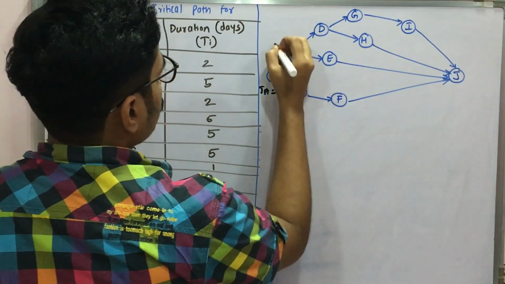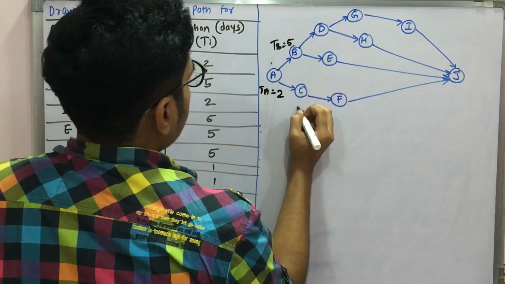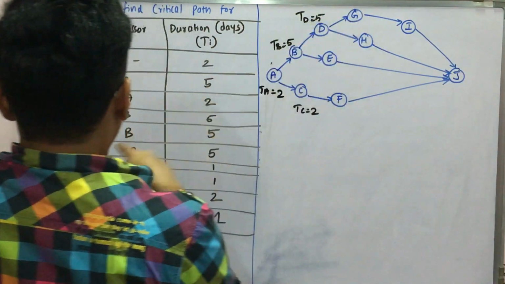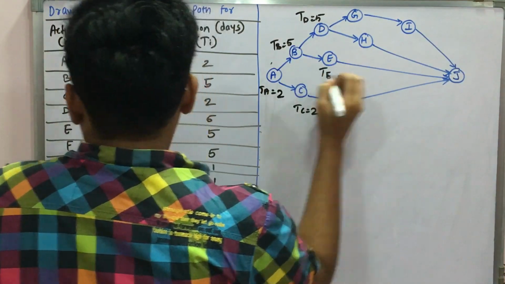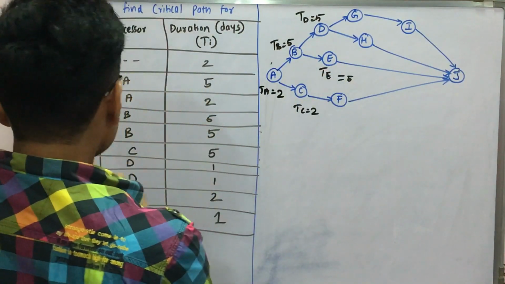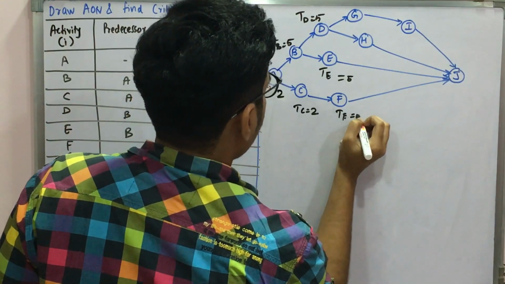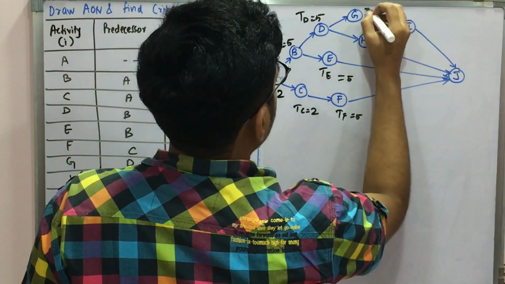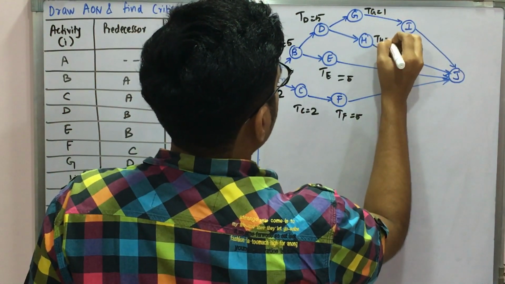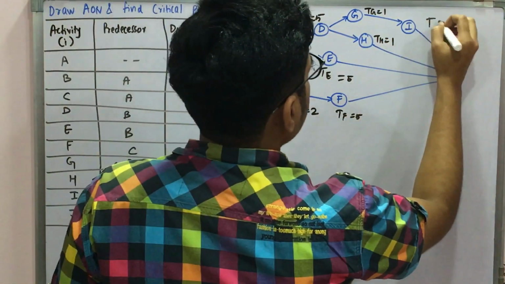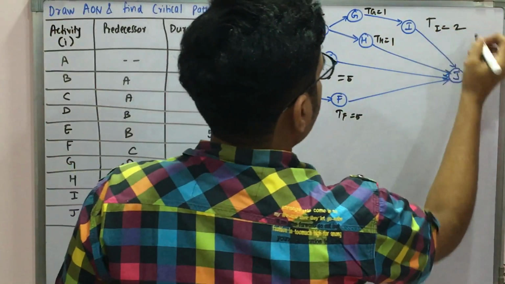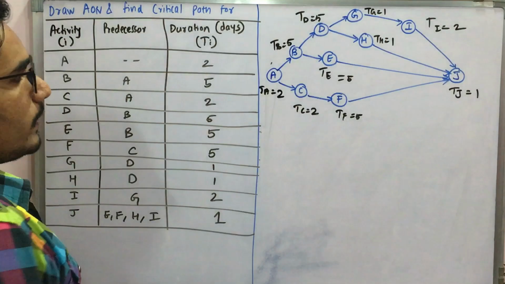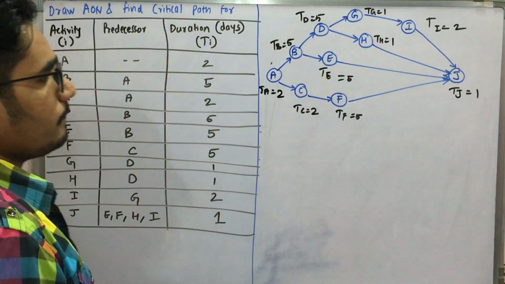So TA you have 2, then TB you have 5, then TC you have 2, then TD you have 5, then TE is also 5, then TF is 5, then TG and TH both are 1, then TI will be 2, and this final TJ is going to be 1. So this is our AON diagram with all the efforts, that is the duration in days.